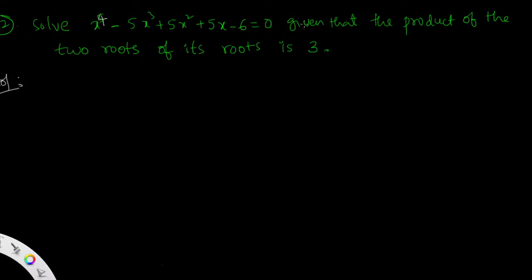The equation has 4 roots, and out of the 4 roots, the condition is that the product of any two roots is 3. We need to find the roots as per the given condition.